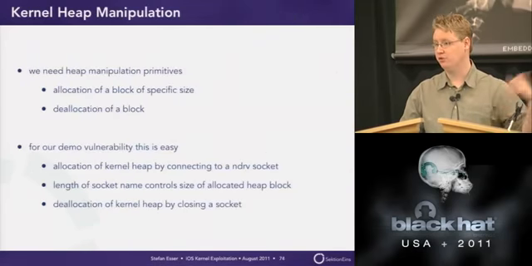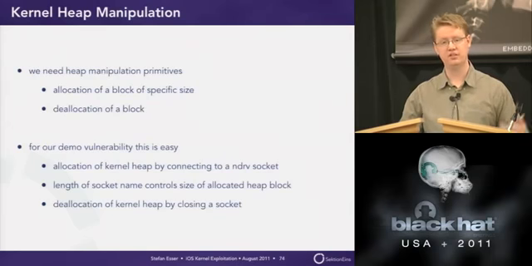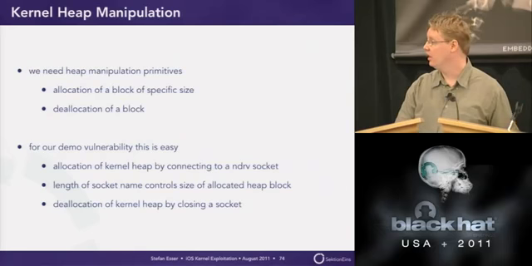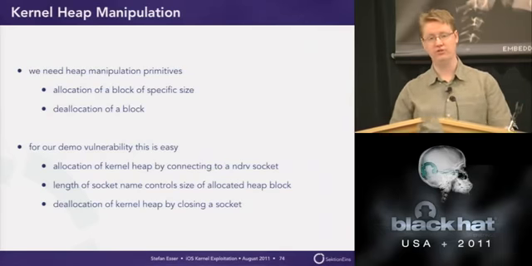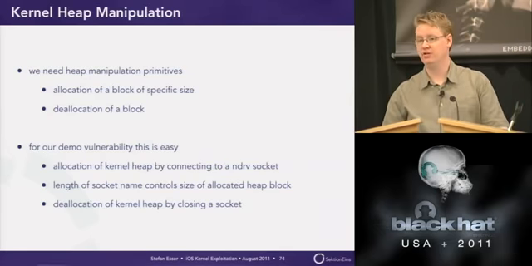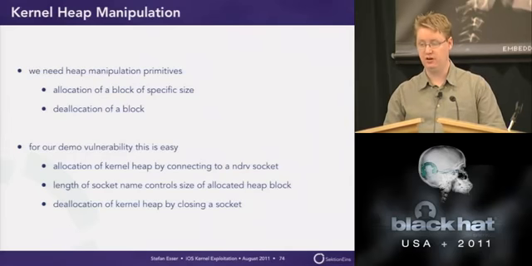So how do you do all this kernel manipulation? You usually need heap manipulation primitives, things that allow you to allocate a block of memory in a specific size and to deallocate some memory. In our case, it's very easy because we are dealing with NDRV sockets anyway, so we can just take the NDRV socket again.